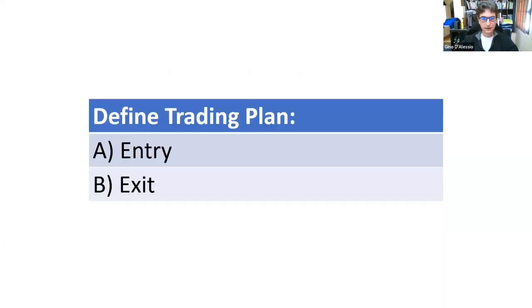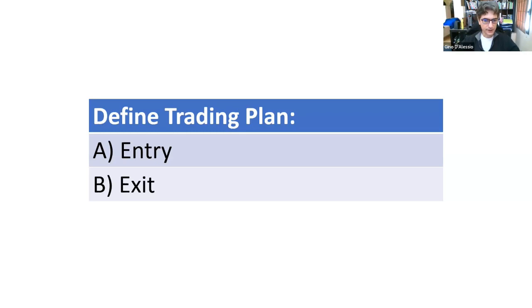Now, to define the trading plan or execution plan, you have to define basically 2 things. A, the entry point, or let's say when you are going to buy or sell a financial security, and B, the rules for which you exit that trade.